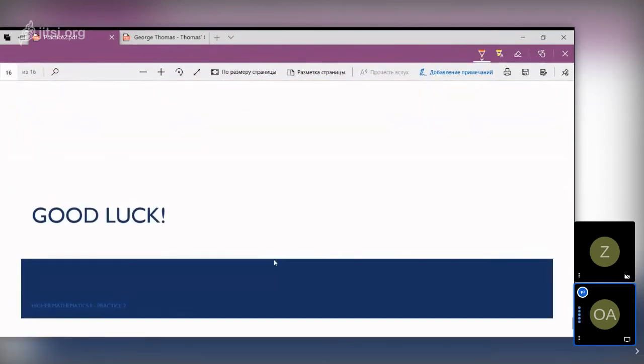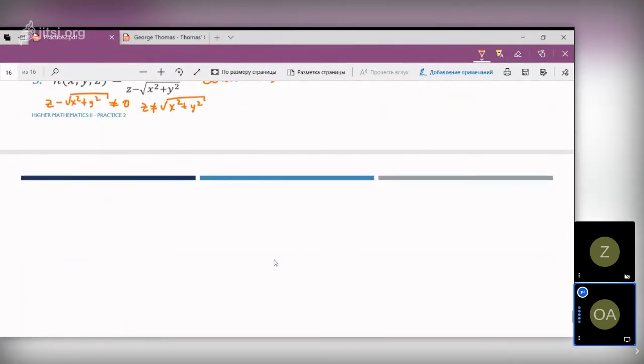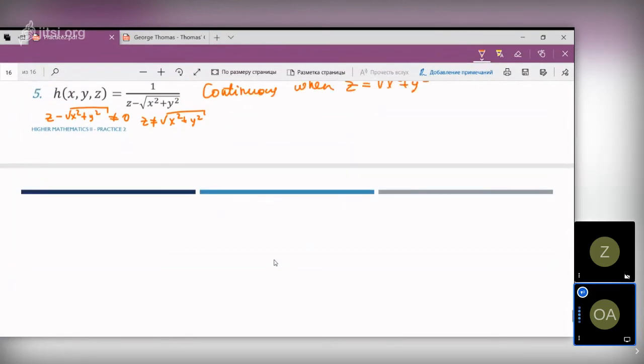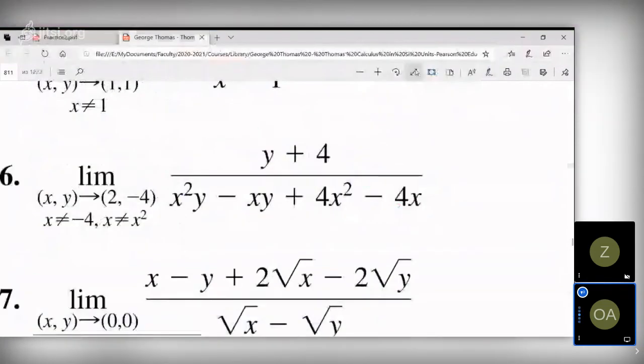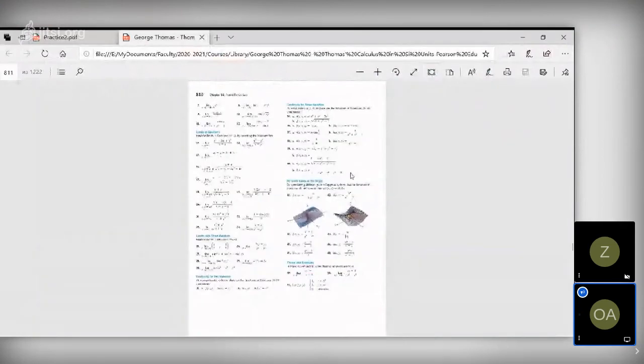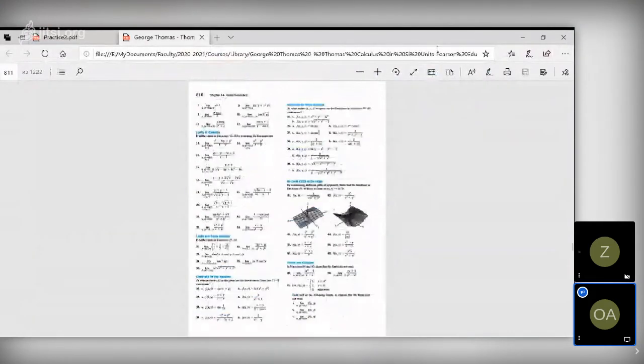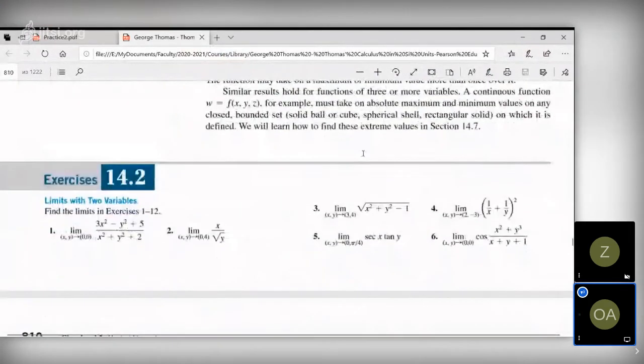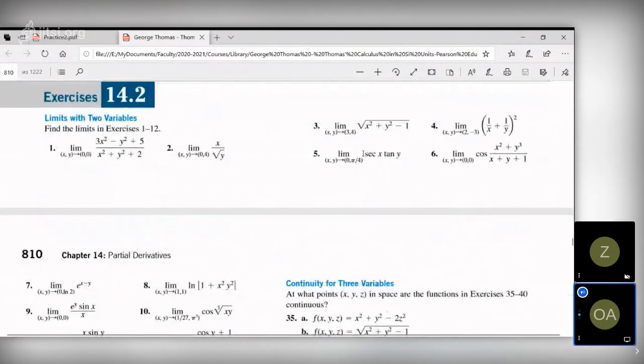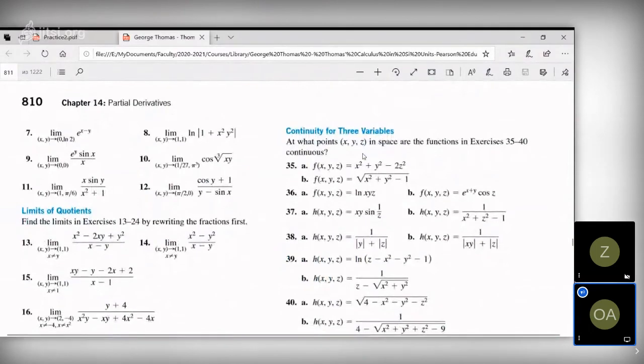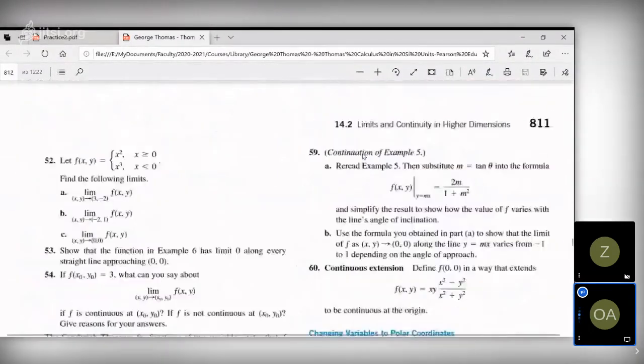So I think that's all for today, exercises in our practice lesson, and you may find some more exercises in the book, Thomas Calculus, section 14.2, page 810.